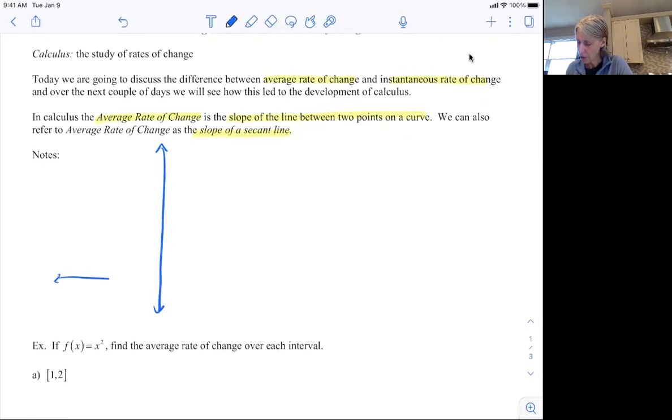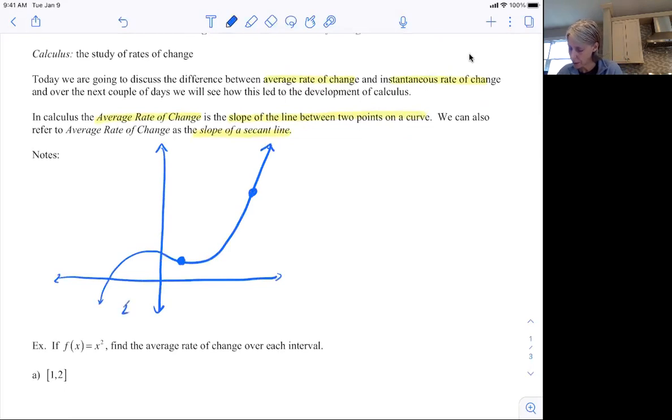If we have some given function, and I'm just going to draw a general function there, we take 2 points on that curve and draw a line connecting those 2 points. So here's my curve f of x. Here's my secant line, the line between the 2 points connecting the curve.